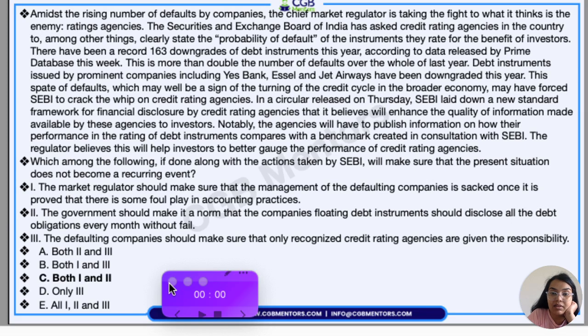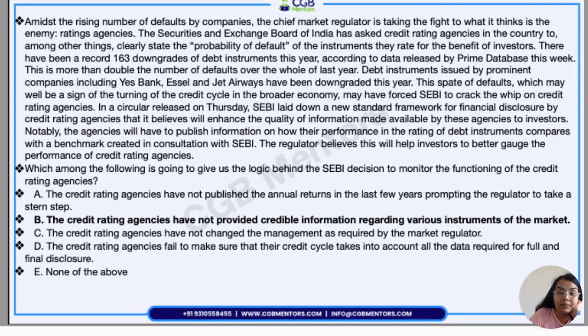Now, please understand one passage, three questions, lot of comprehension to be done. Now, पहला question है, which among the following is going to give us the logic behind SEBI decision to monitor the functioning of the agency? Amidst the rising number of defaults, the chief regulator is taking the fight to what it thinks is the enemy rating agency.